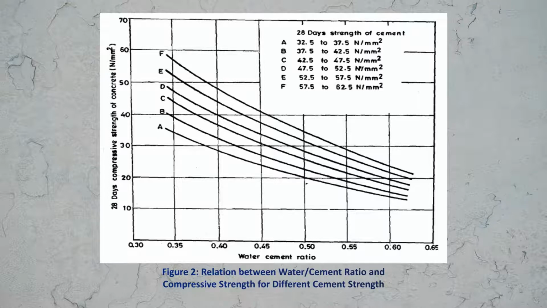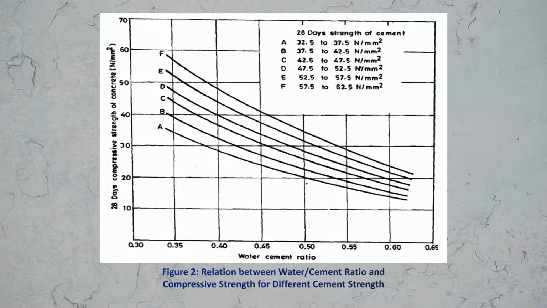You see 6 different curves for different 28 days strength of cement A, B, C, D, E, F, and these are the curves for different water cement ratio and 28 days compressive strength. From this curve we can read the water cement ratio.